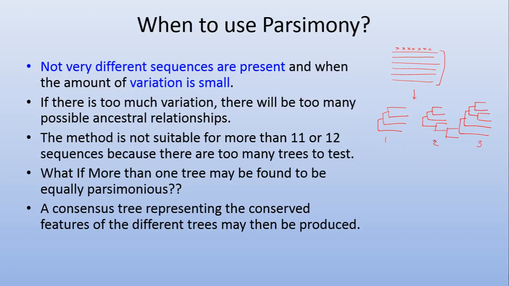In such a case, you try to generate a consensus tree out of these three, that would correspond to a consensus of all three, and this would be your final parsimony-based tree.